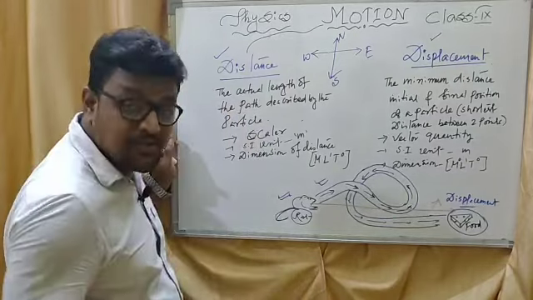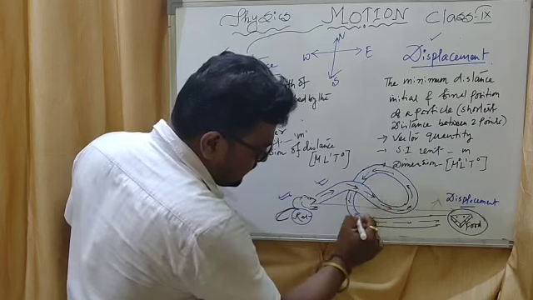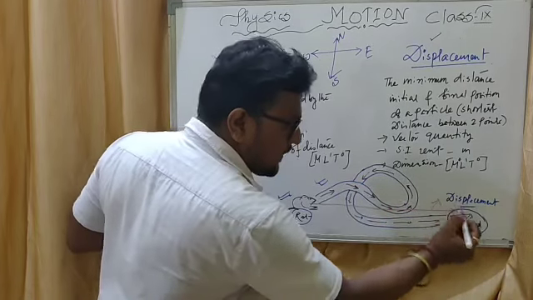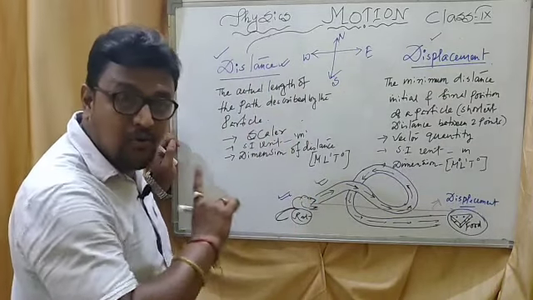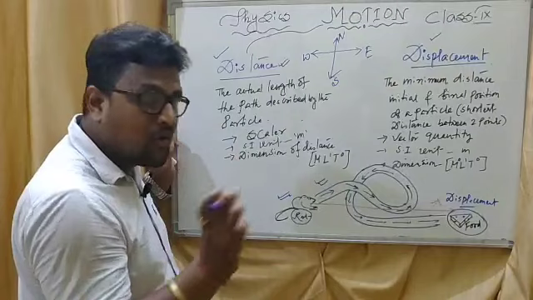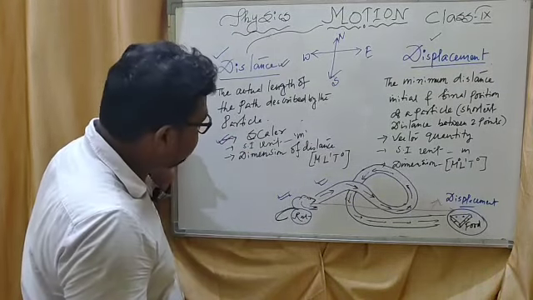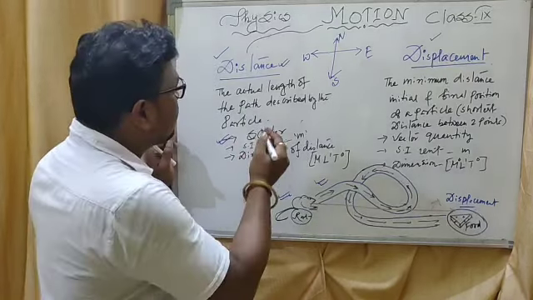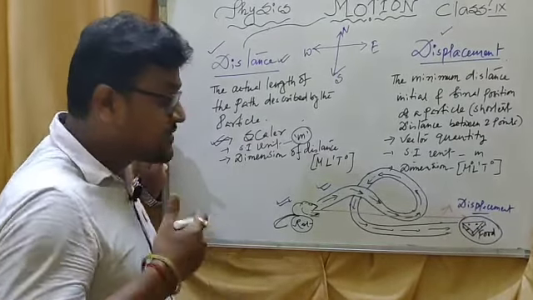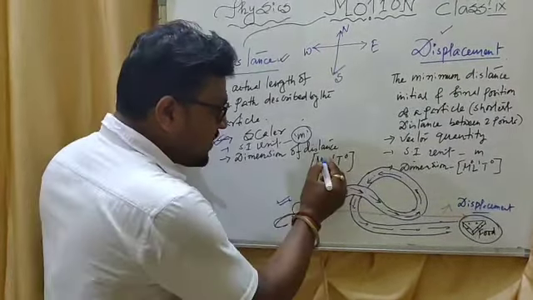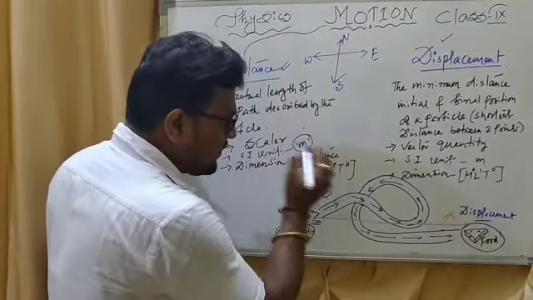So distance means the total actual path. Look here. Total actual path covered to catch the food, that is the concept of distance. It has no direction. That's why it is called a scalar quantity. Understood? And what is the unit of distance? It is measured in meters. That's why the dimension of distance is mass to the power 0, length to the power 1 and time to the power 0.